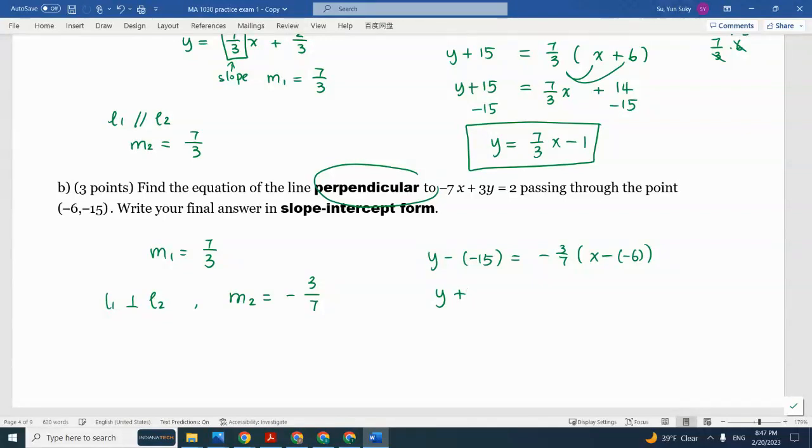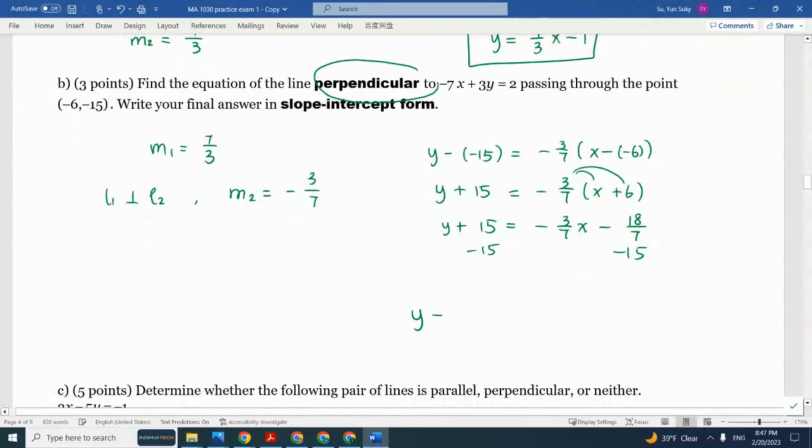So we get y plus 15 equals -3/7 times x plus 6. Distribute: -3 times 6 is -18/7. Subtract 15 on both sides.